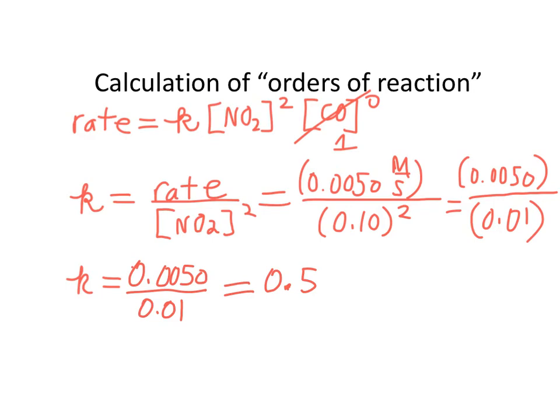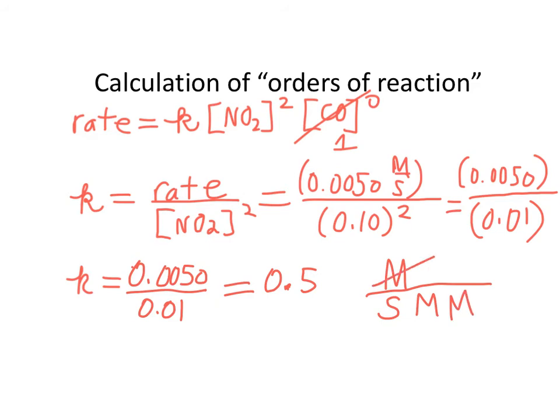And now the important thing with the rate constant are the units. So let's lay the units out. We have up here molar per second. Right here, there's molar per second in rate. And then we have 0.10 molar squared. So we have a molar and another molar.